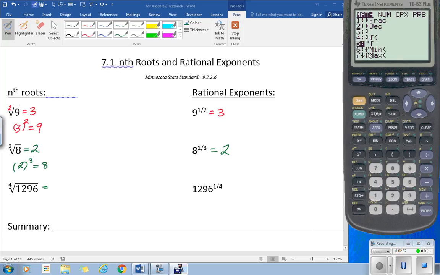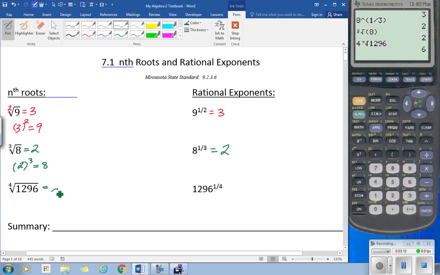Scroll down to the xth root, and we already put the 4 in, that's what the x stands for there. And then we type the number, 1,296. We don't put parentheses in this, you just hit enter at that point, and you'll find out that that answer is 6. So 6 raised to the 4th power, 6 times 6 times 6 times 6, is 1,296. Let's see if that happens here also.